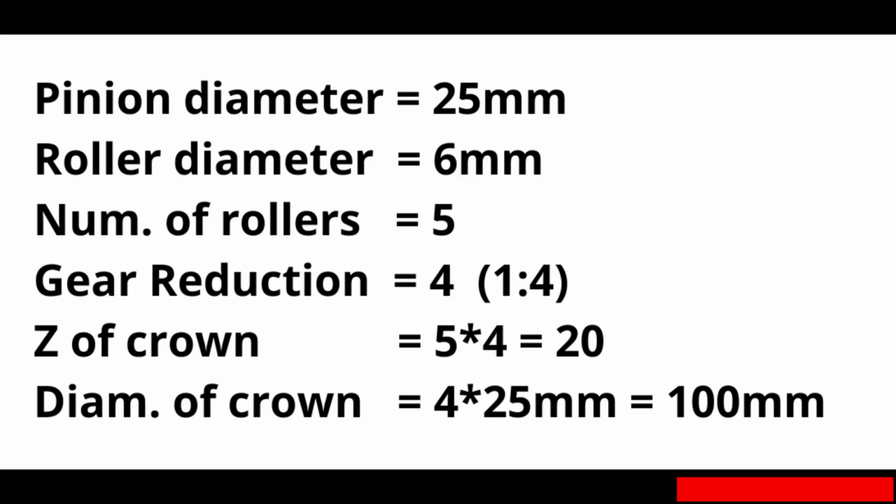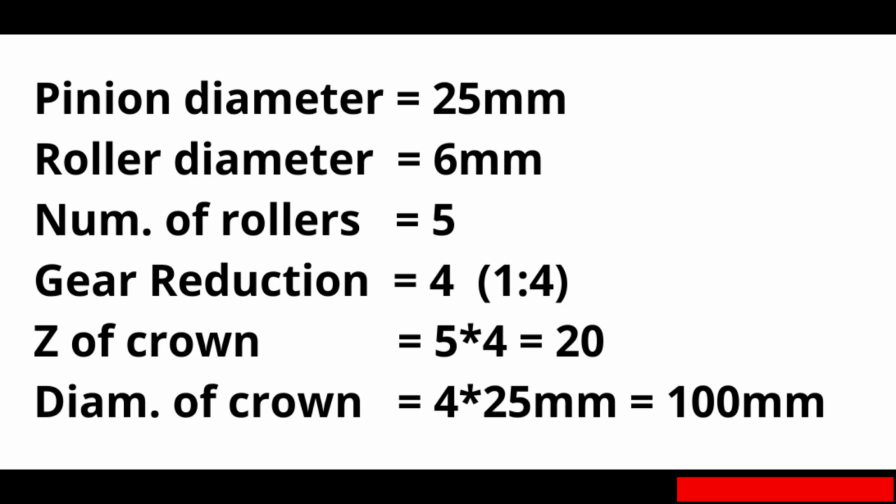For this tutorial, we are going to create a 4:1 reduction, but you can change any of these parameters as you wish. With this, we can calculate the number of teeth on the crown gear, which is the number of rollers times the reduction we want to achieve.